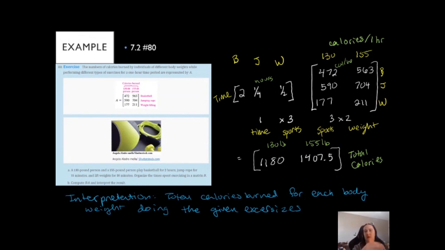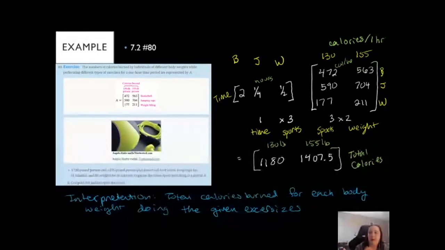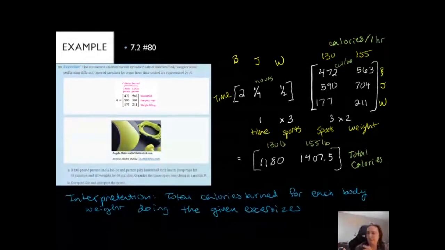So being that they exercise for that particular amount of time, this is giving them the total calories burned for each of those people. And so that is your interpretation of that matrix.